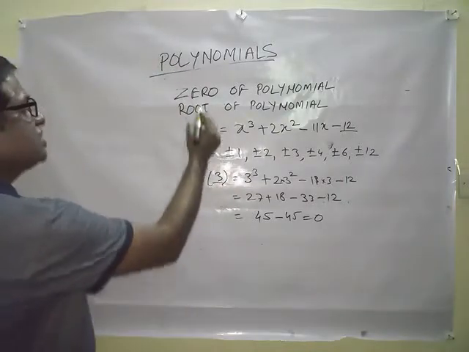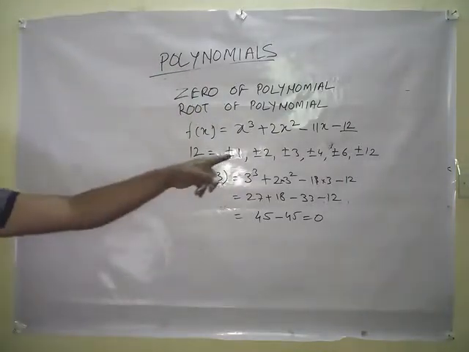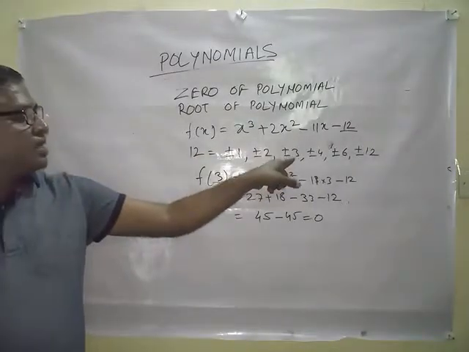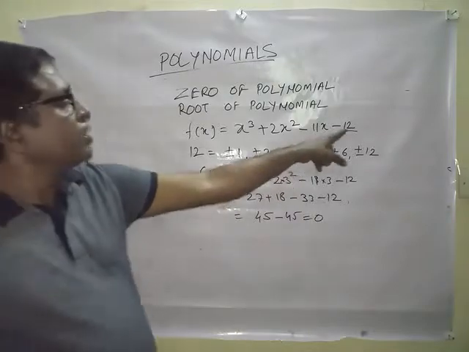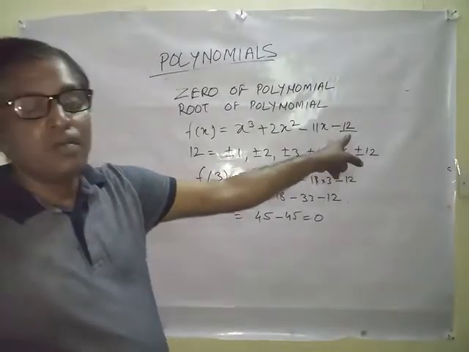So 3 is the zero or root of this polynomial equation. And 3 is a factor of 12.